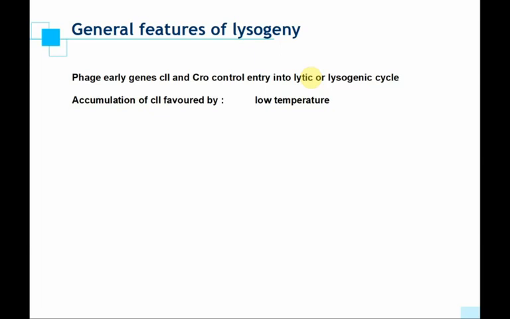So what favors the accumulation of C2? Low temperature, low metabolic activity of the host cell, or too many phages infecting the same bacterium at the same time. Each of them will start expressing C2, and there will be enough to push the phage into lysogeny.